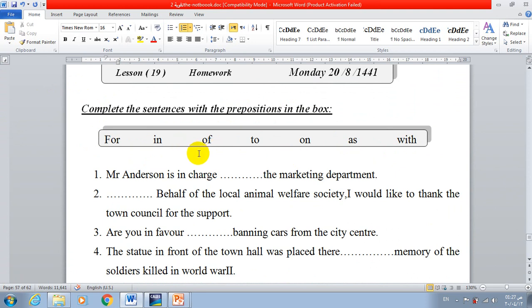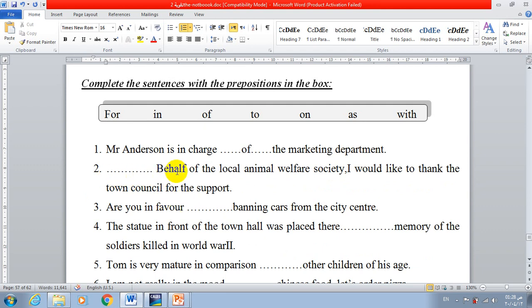We must use them in the correct sentence. Number 1, Mr. Anderson is in charge spaces the marketing department. What is the right preposition? Good. The right preposition is of, because we say in charge of.